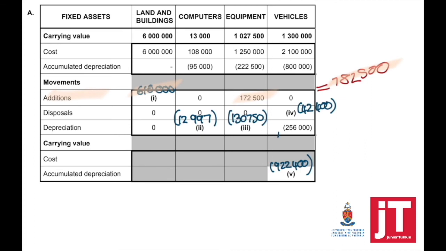Now I'm going to take this a step further. Purchase of non-current assets will be an inflow or an outflow. This is what we need to identify in the cash flow statement. Because we've purchased, this will be an outflow of cash. The proceeds on a sale of the asset will be an inflow of money.